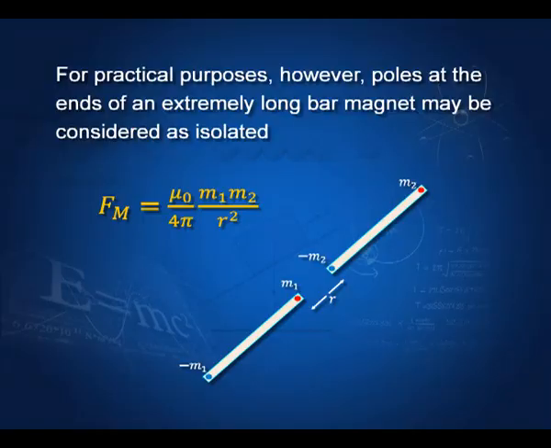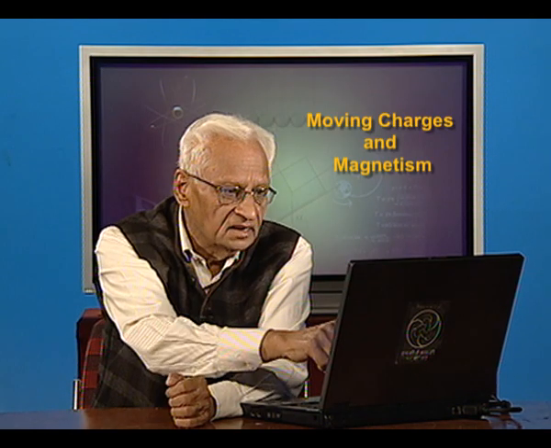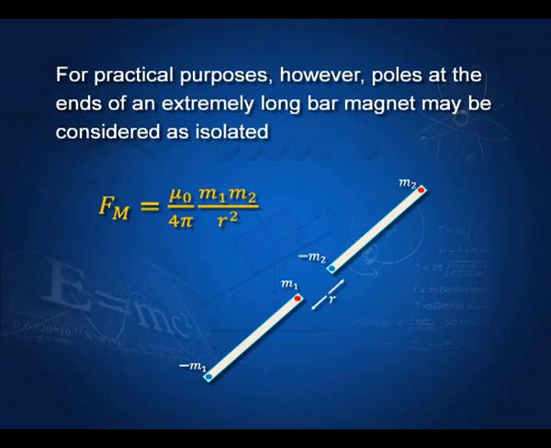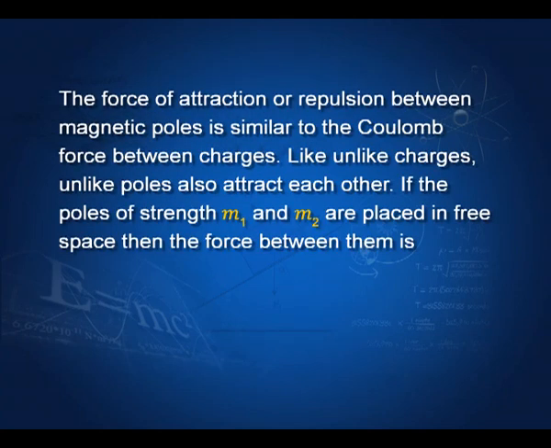For practical purposes, however, the poles at the ends of two extremely long bar magnets can be considered as isolated poles, and then the force between them is given by this. The force of attraction or repulsion between magnetic poles is similar to the Coulomb force between charges.